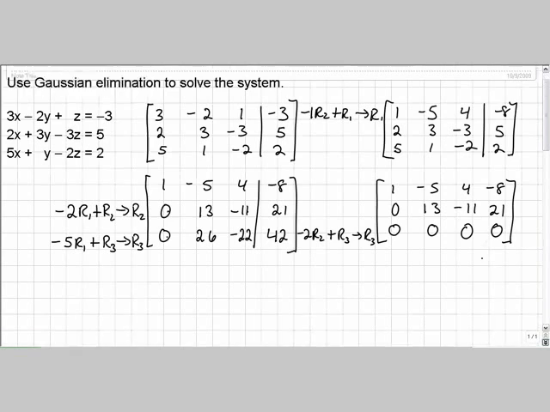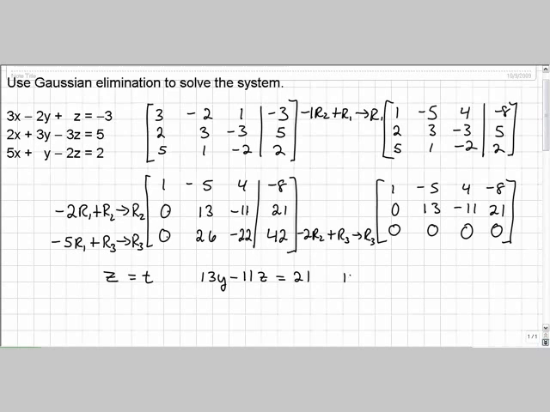So what that means is we have a dependent system. So we can let z equal any value. Let's call it t. Now our second row here represents the equation 13y minus 11z is equal to 21.